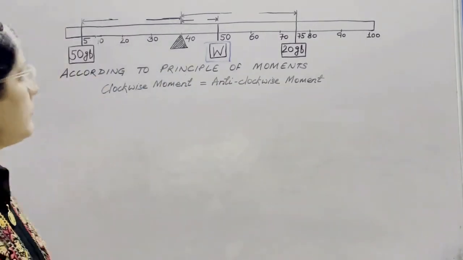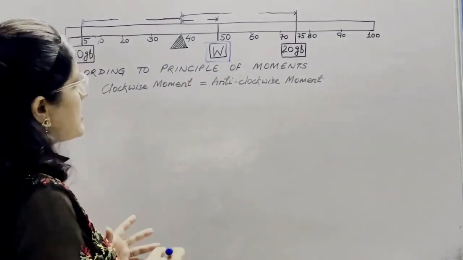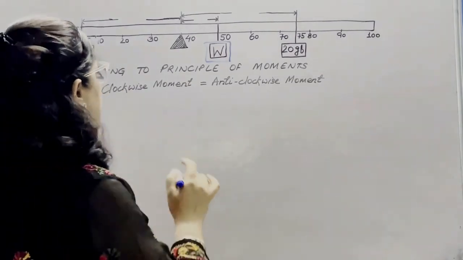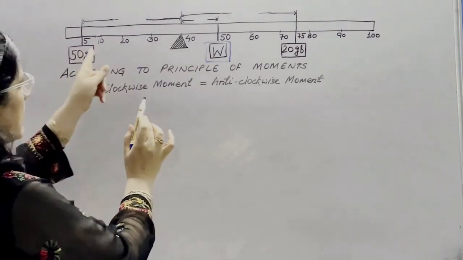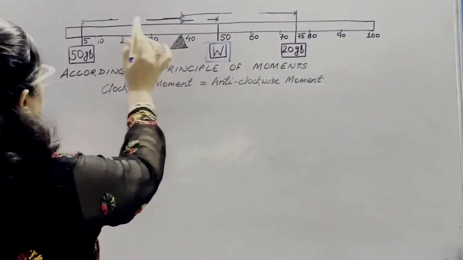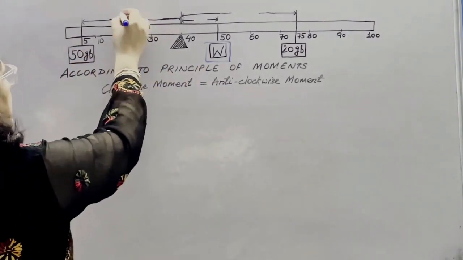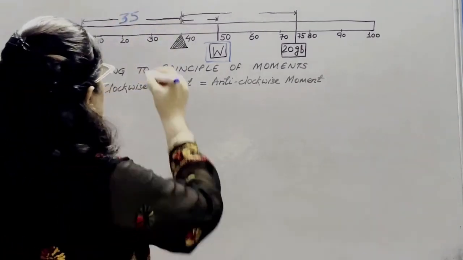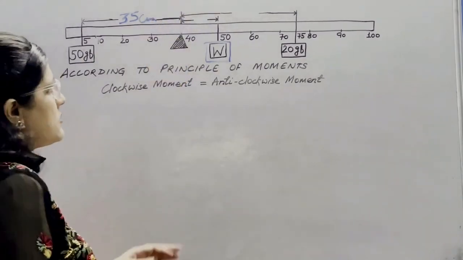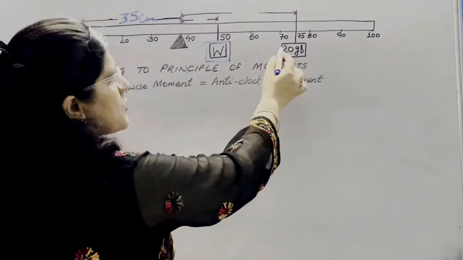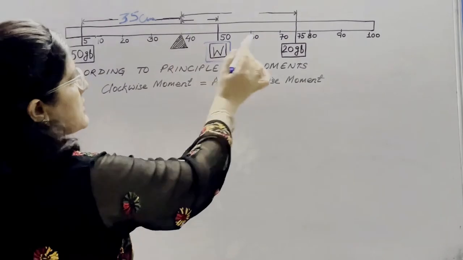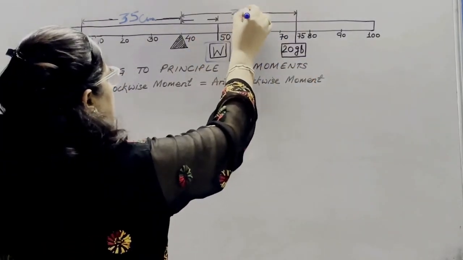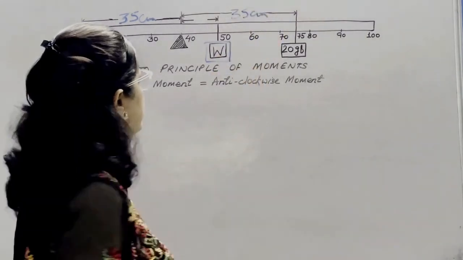Now, first of all, calculate the distances. All the distances should be calculated from the fulcrum. So the distance of this weight from the fulcrum is 40 minus 5, which is 35 centimeter. And the distance of this 20 gf weight from the fulcrum is 75 minus 40, which is again 35 centimeter.